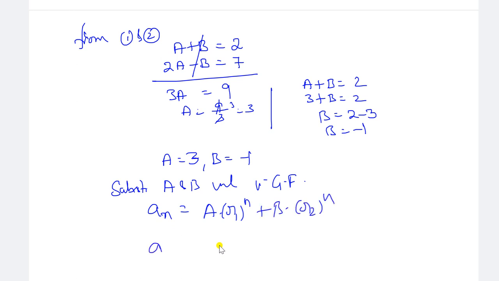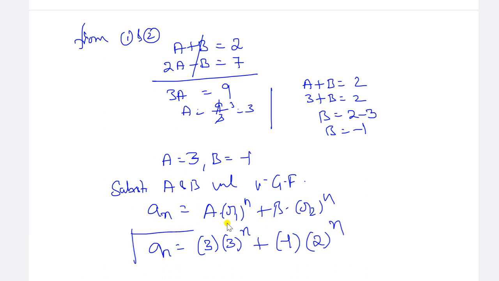So a_n equal to 3 into r1 to the power of n, where we got r1 as 2 and r2 as minus 1. So a_n equals 3 into 2 to the power of n plus minus 1 into minus 1 to the power of n. Okay, this is our required general form for the recurrence relation a_n equal to a_(n-1) plus 2a_(n-2).